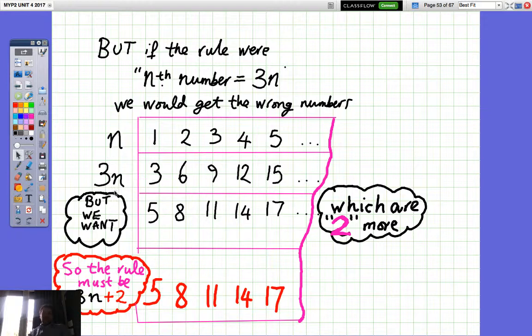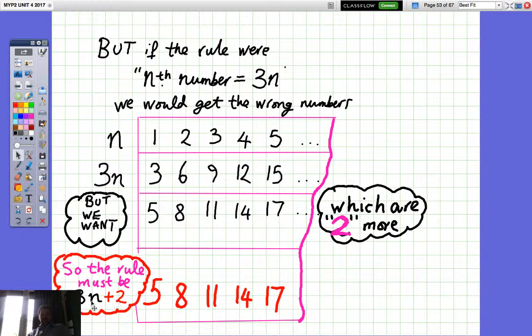So by having a rule that says 3 times n, we've achieved a sequence that goes up by 3 every time. But it's not the right sequence, because the sequence we want is 2 higher every time. So when we wanted 5, we only got 3. When we wanted 8, we only got 6. When we wanted 11, we only got 9, and so on. So the rule isn't actually 3n, but it's 3n plus 2.